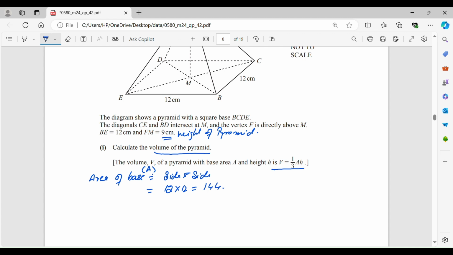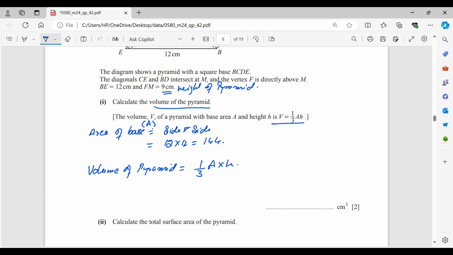Now the volume of the pyramid will be equal to 1 by 3 A into H, which is 1 by 3 into 144 into height 9. Using the calculator, our answer will be 432 centimeter cube. So this will be our answer, 432.